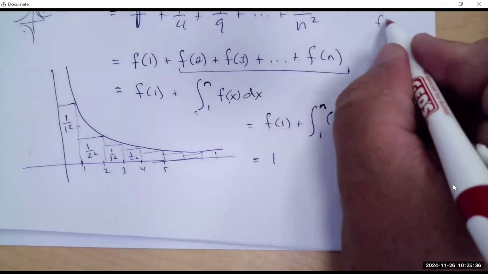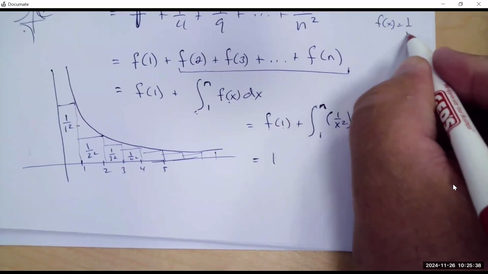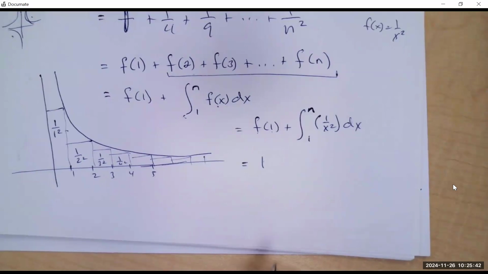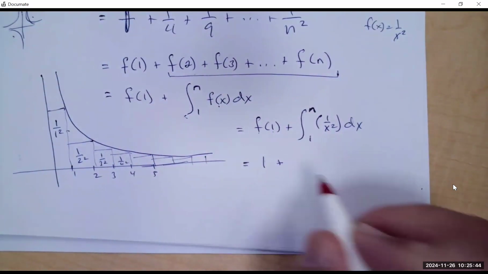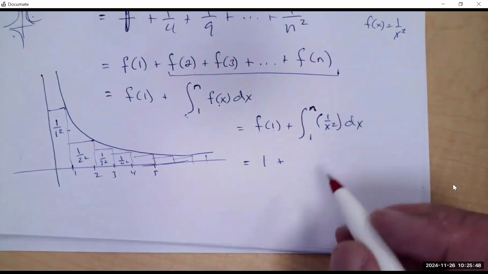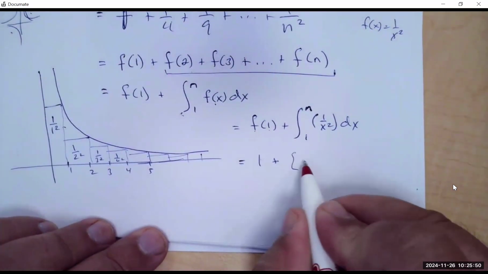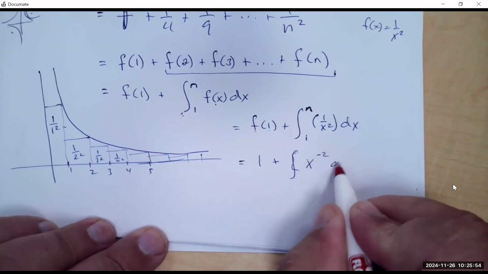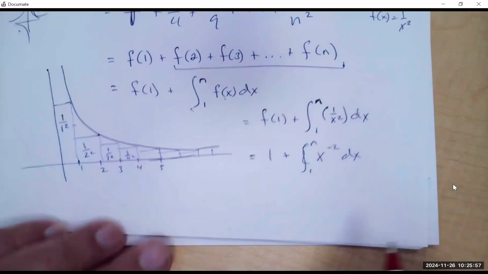Remember, the function is 1 over x squared. So f at 1 is 1. Integrate 1 over x squared, which becomes the integral of x to the power -2 from 1 to n.